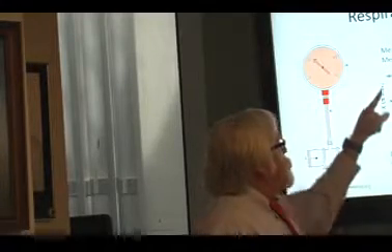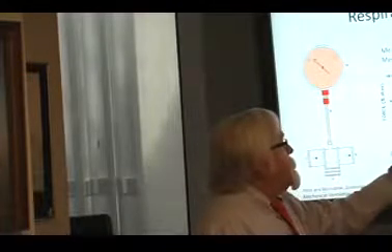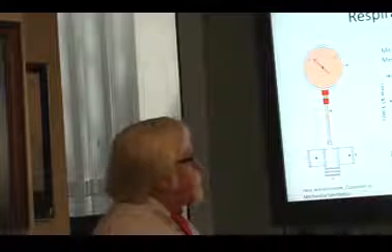So the maximum force generated by the muscle is at 100% of the optimal resting length. And for the inspiratory muscles, that's at residual volume. For the expiratory muscles, that's at total lung capacity. If the patient has a decrease in maximum inspiratory pressure, the patient needs ventilation. So that's why we measure that.